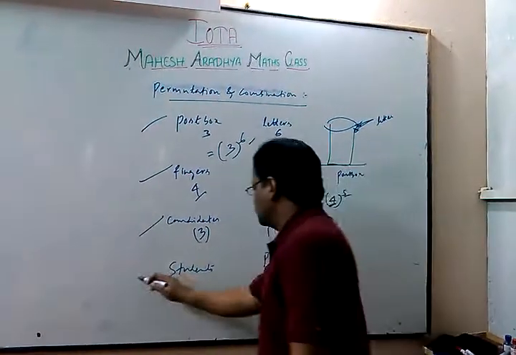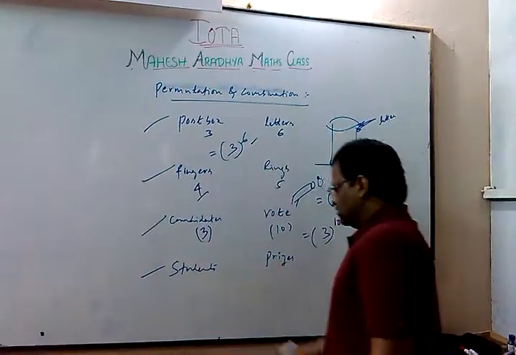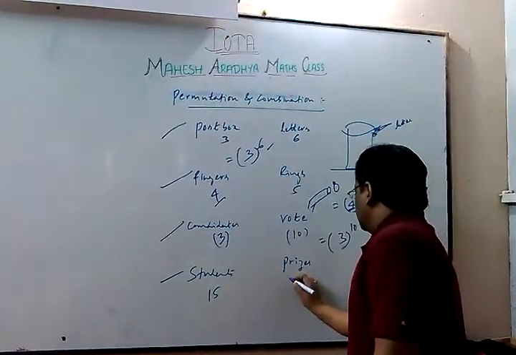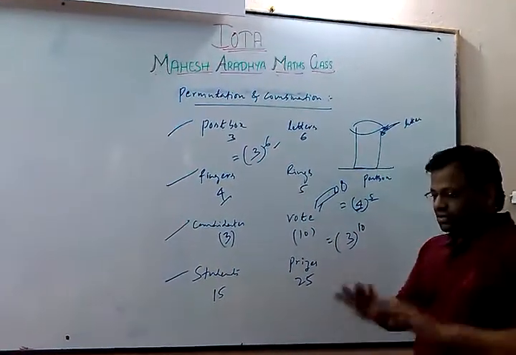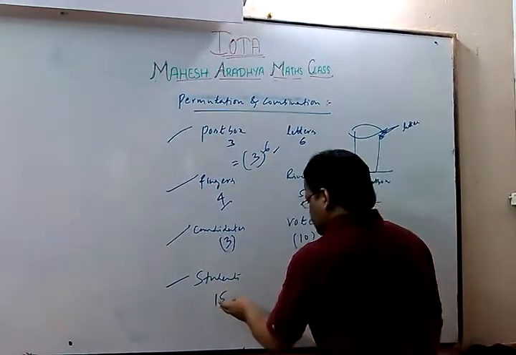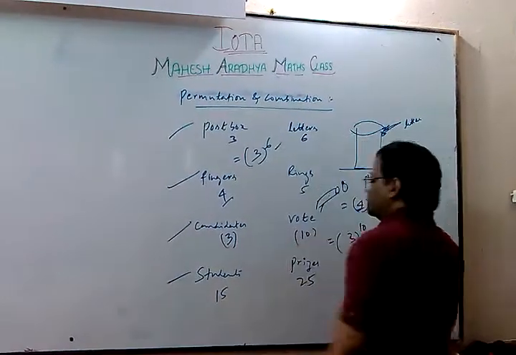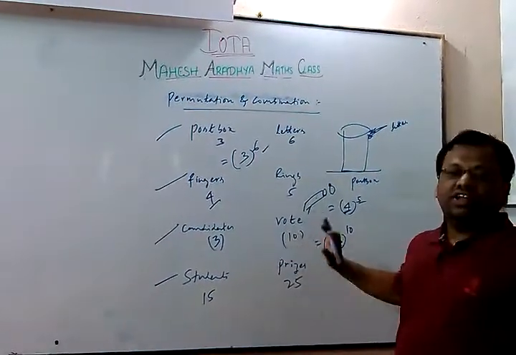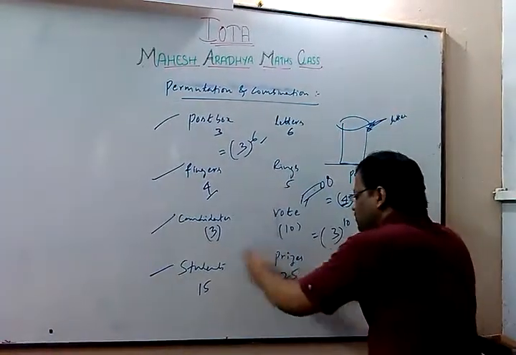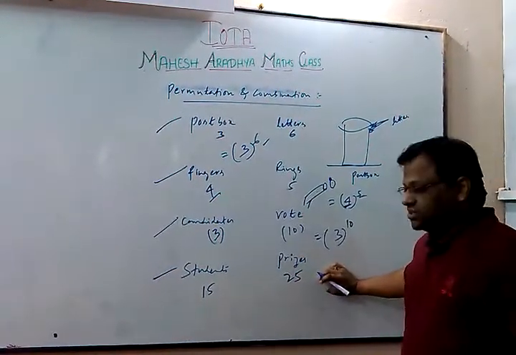Similarly, imagine there are around 15 students and 25 prizes given at a school function. In how many ways can 25 prizes be given to 15 students?